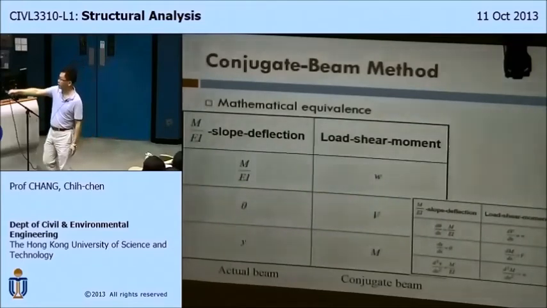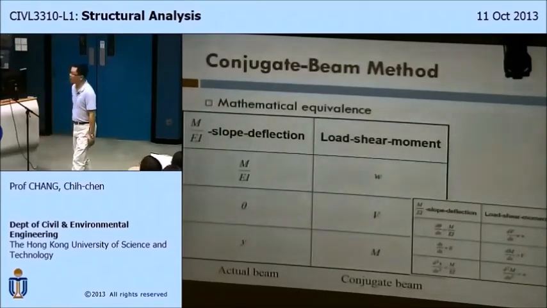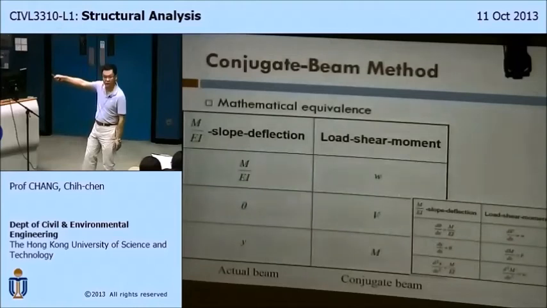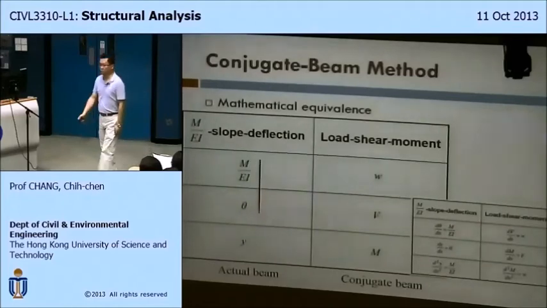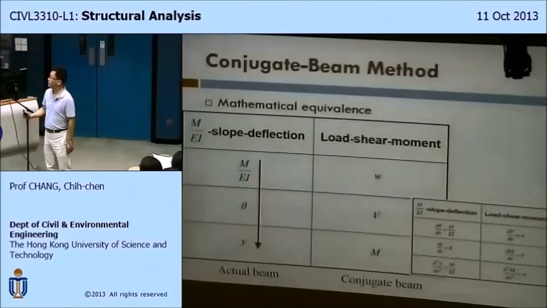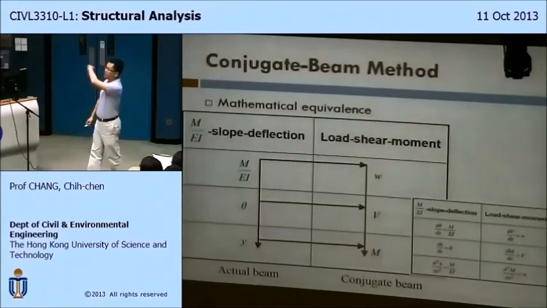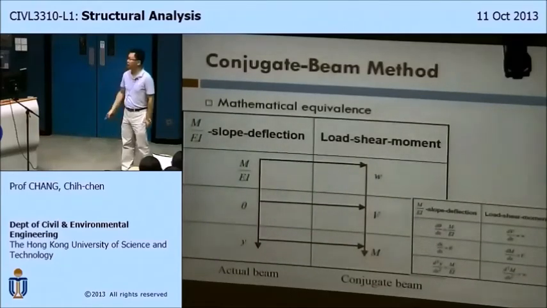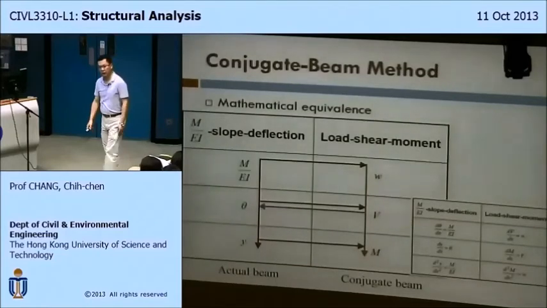Instead of doing that directly, we convert everything to another domain, the so-called conjugate beam domain, do equilibrium calculations in that domain, and then push them back to the real beam domain. So that's what we try to do in this method.